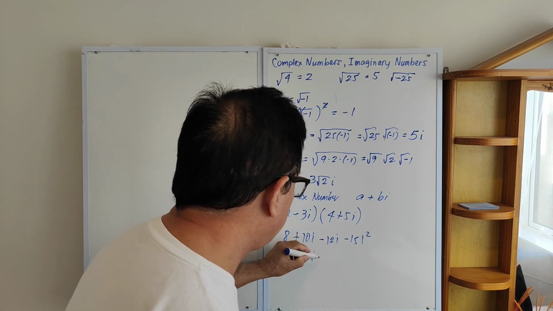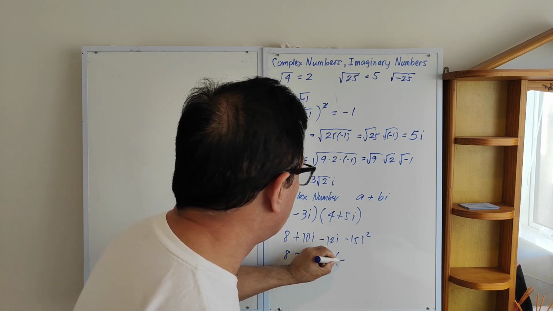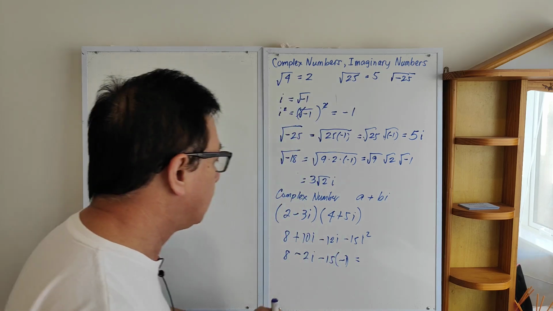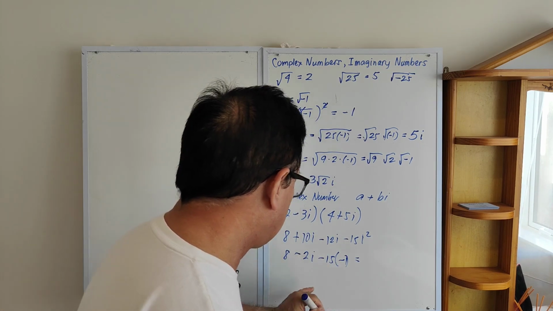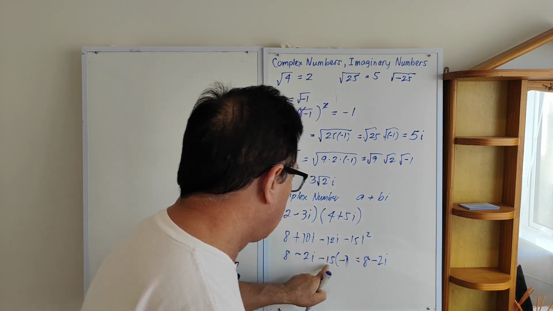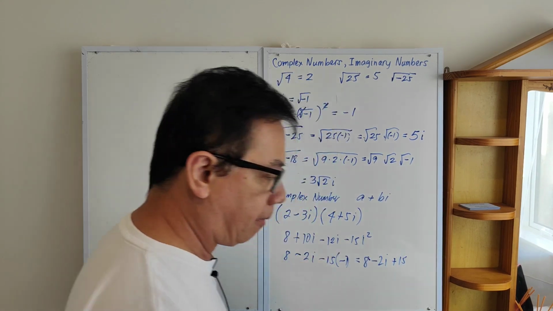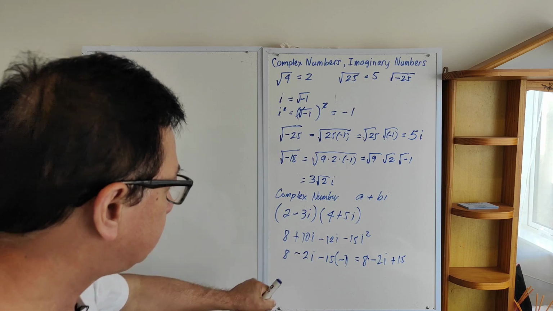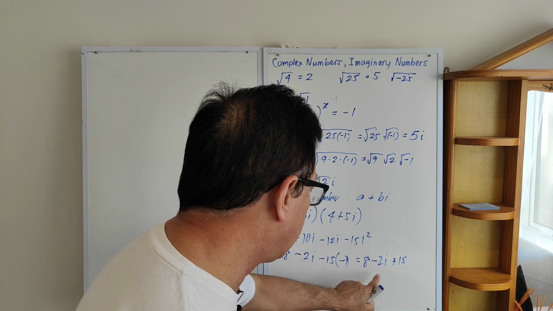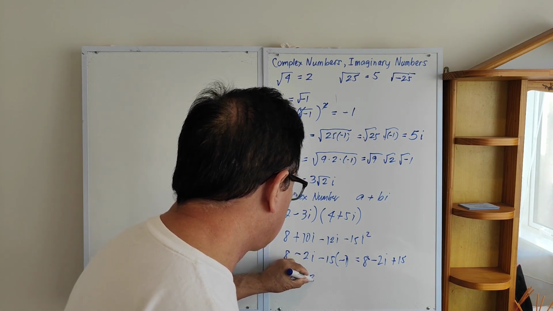And then this is negative 15 i squared, which can now be replaced with negative 1. So rewriting it, this will be 8 minus 2i. Negative 15 times negative 1 is positive 15. Now if we combine 15 and 8, that would be 23 minus 2i.